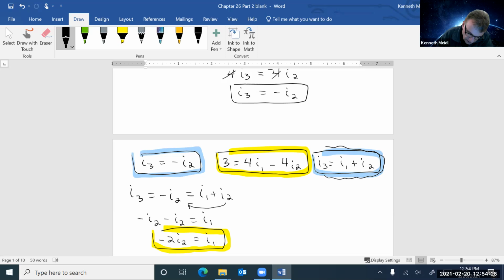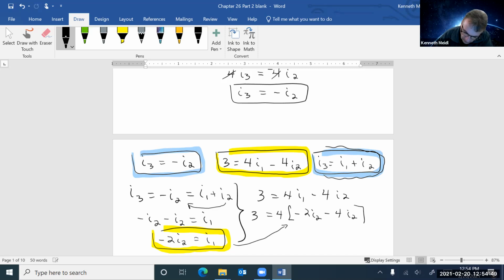So, doing this algebra is never really pretty, but I'm just going to start with 3 equals 4 I1 minus 4 times I2. And I'm going to probably just do a substitution here. And I1, I'm just going to substitute in, is the same as minus 2 times I2, minus 4 times I2. And just solve that equation.